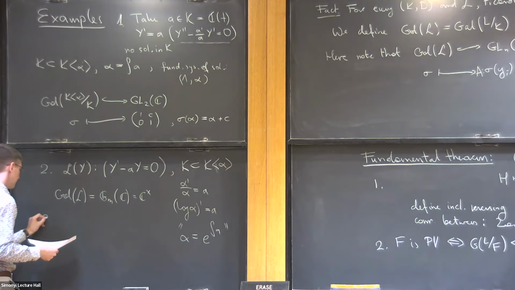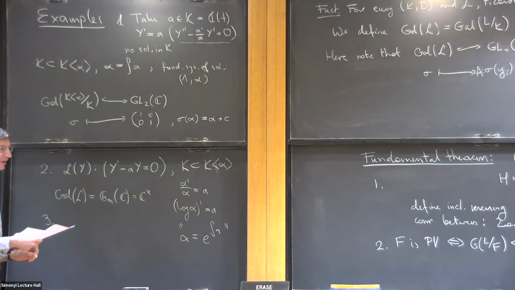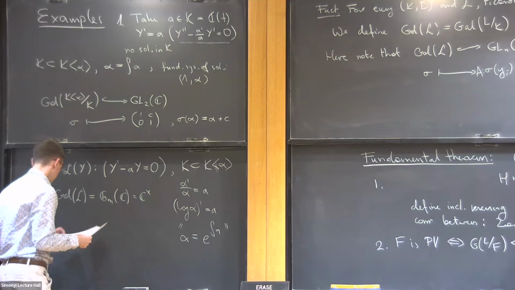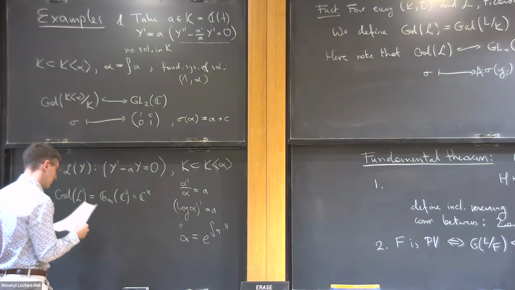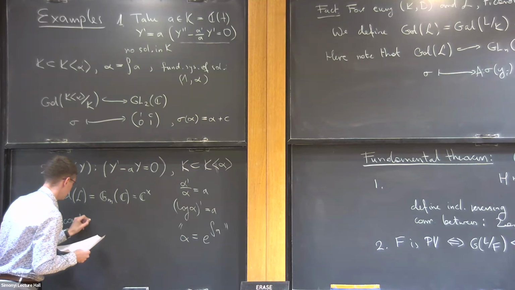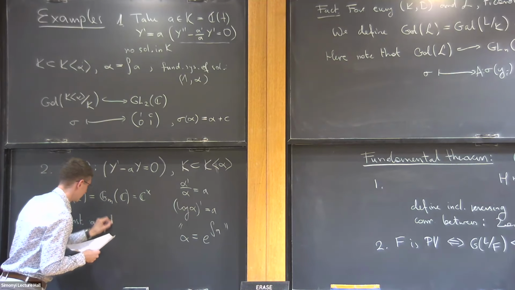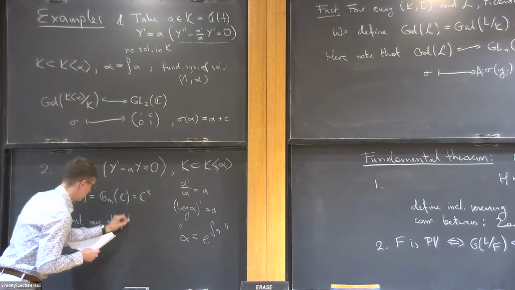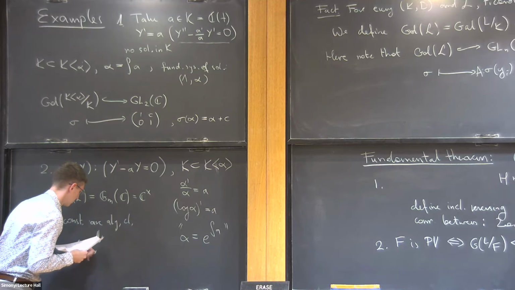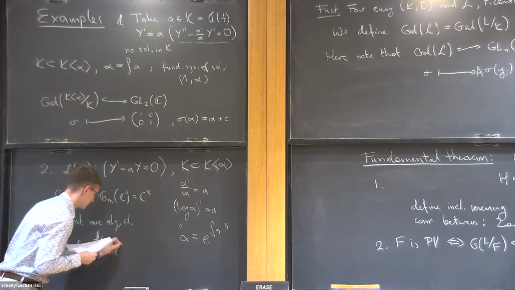And third example is one can actually show that finite extensions, so let's say if the constants are algebraically closed, this implies that finite extensions are Picard-Vessiot.